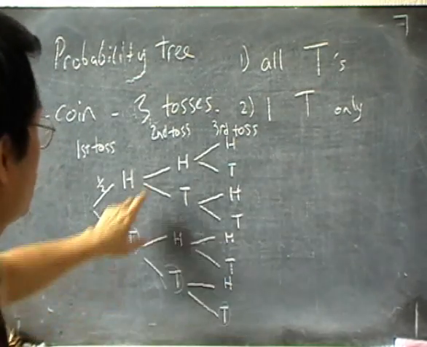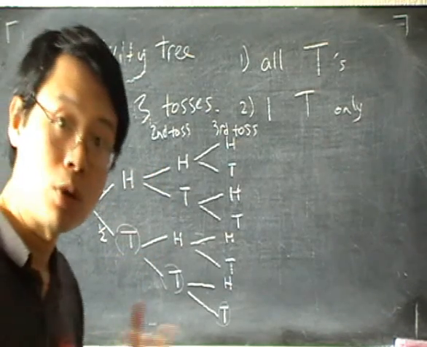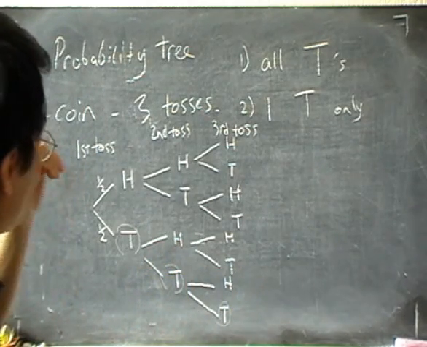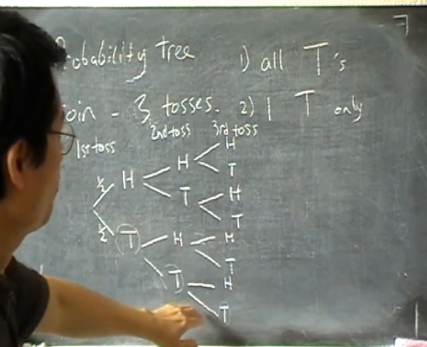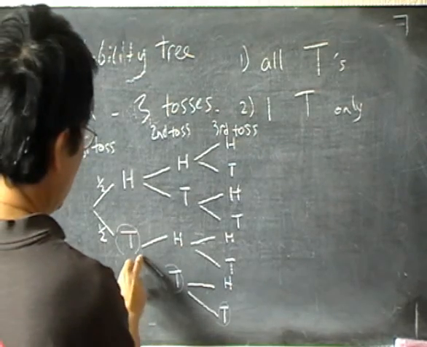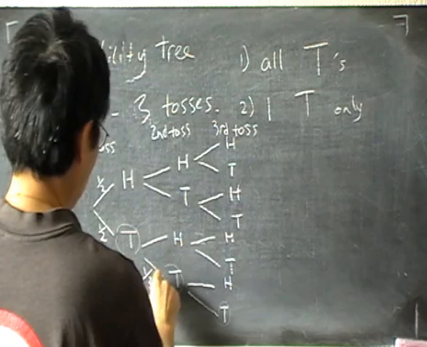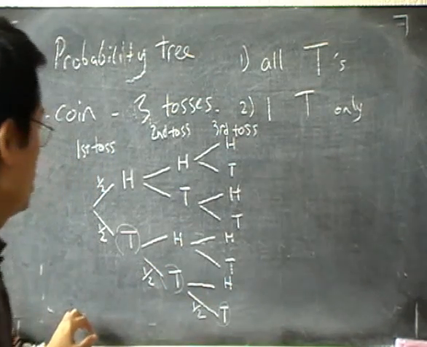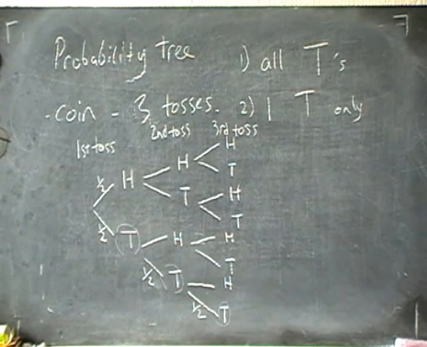And you can see that for each of these branches, the probability is always half because it's just tossing the same coin. So let's follow the events that we want. Getting all tails. So the next branch that gives a tail also has a probability of half, and the next one also half. I have these 3 probabilities.